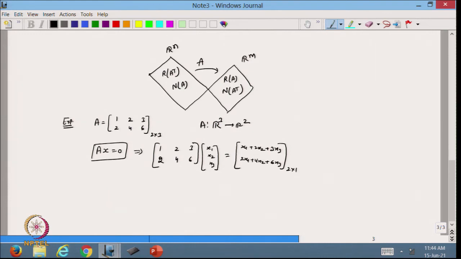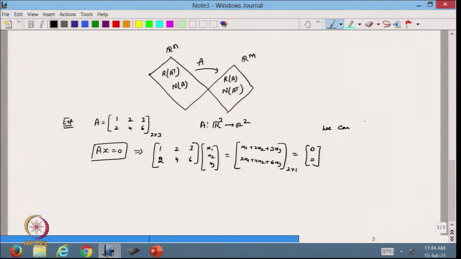From here you can see that I have put this equal to 0.